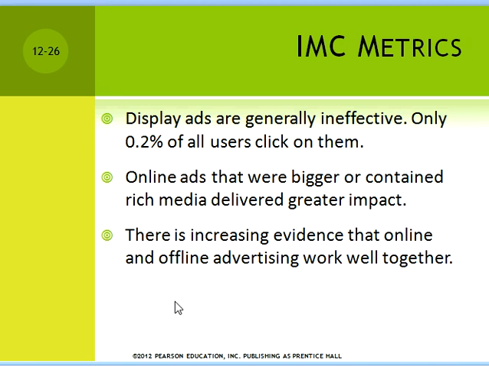There's increasing evidence that online and offline advertising work well together. Campaigns in which you advertise in a newspaper or on TV and ask people to go online for certain information have proven to be more successful.